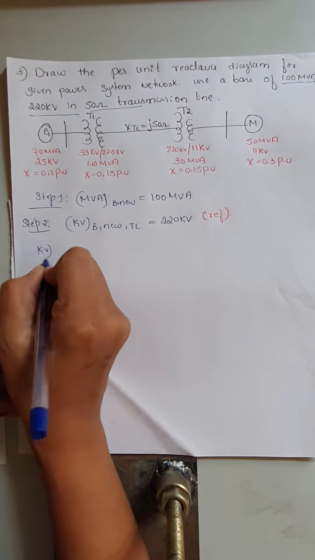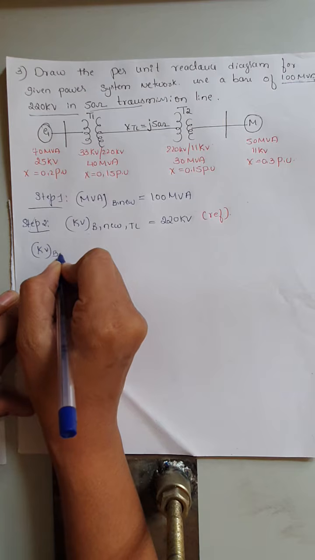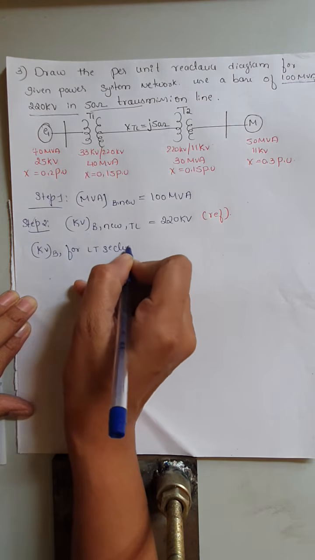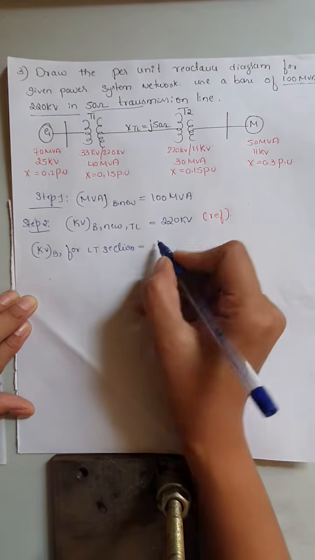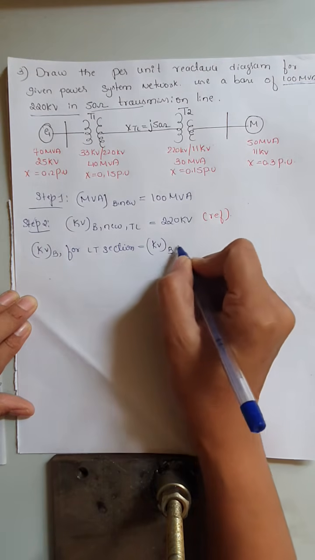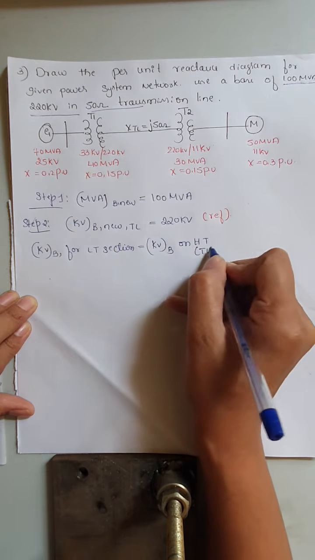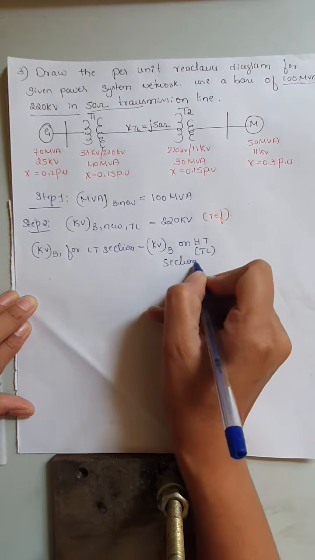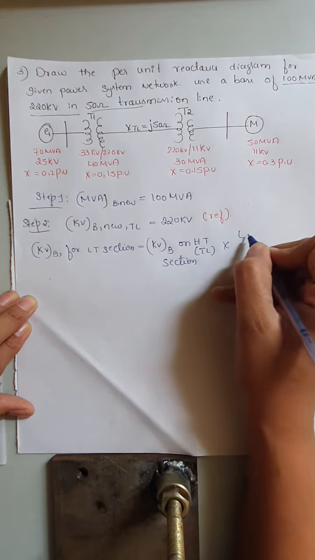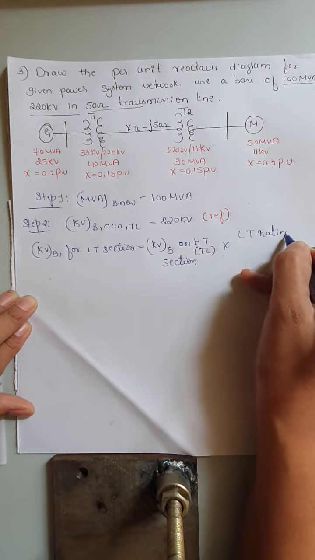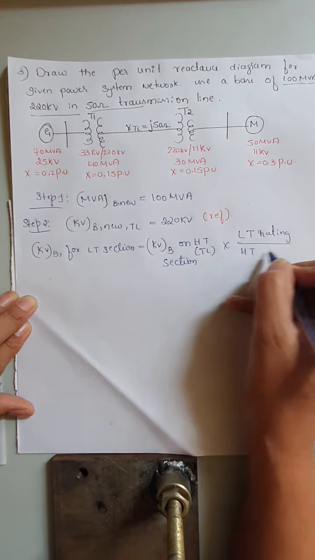First we will write the formula for the LT section: kilovolt base for LT section is equal to kilovolt base on the HT section, that is the transmission line, multiplied by the transformer rating, that is low voltage rating divided by high voltage rating.